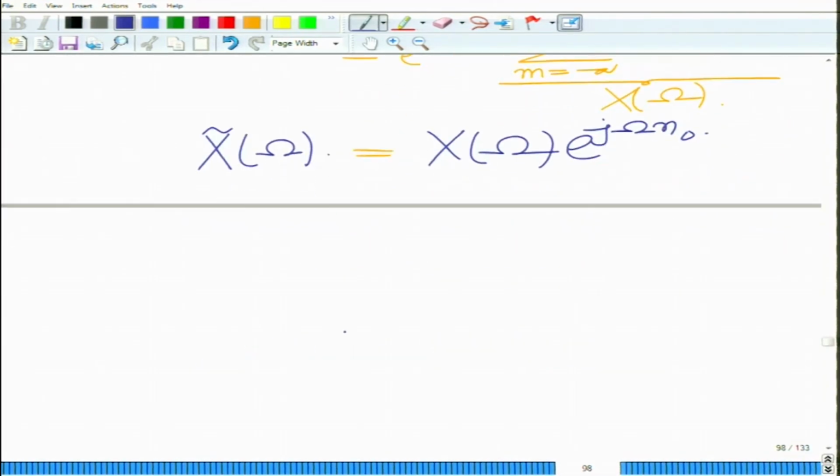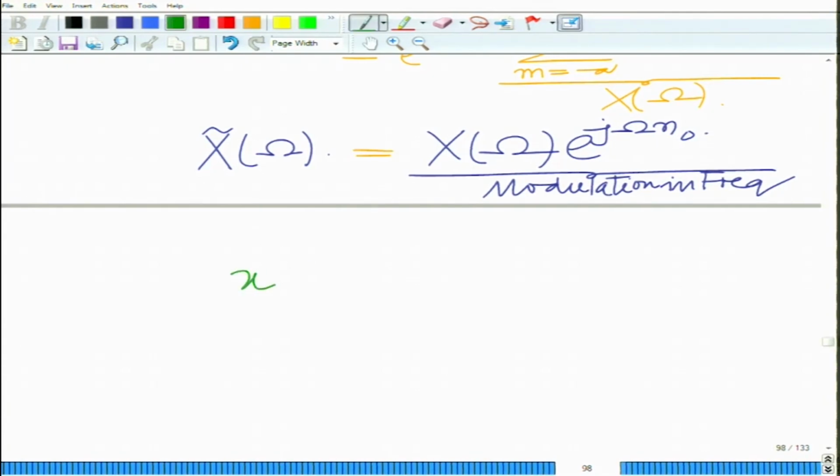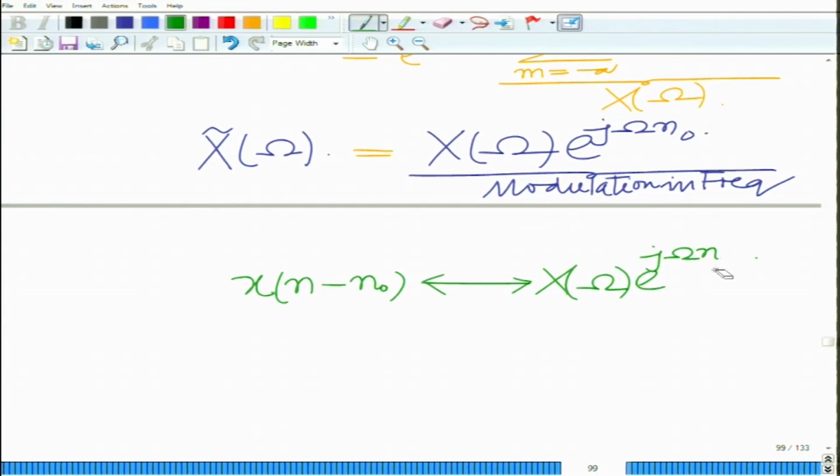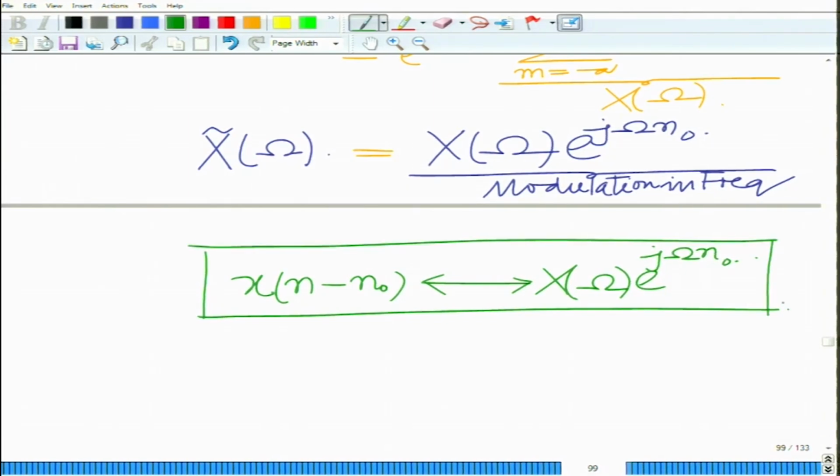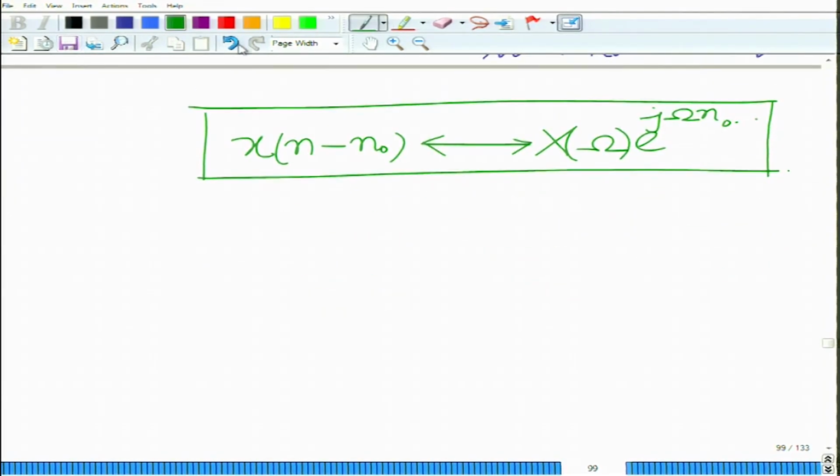So, when you time shift, that is basically a multiplication in frequency by the complex exponential e raised to minus j omega n naught. So, x[n minus n naught] has the DTFT X(omega) e raised to minus j omega n naught.